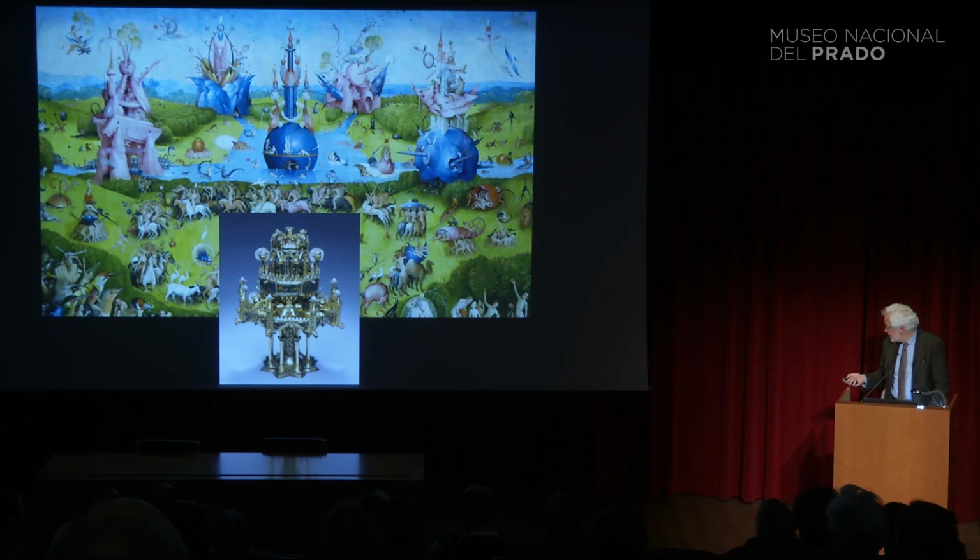And if you look carefully at the way they carry branches and objects in their hands, it is as if they are carrying these paraphernalia of their knighthood.